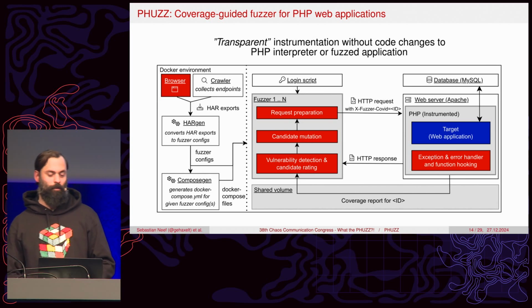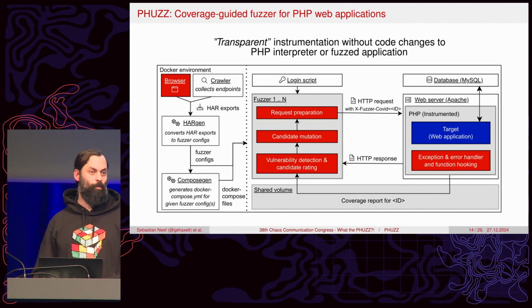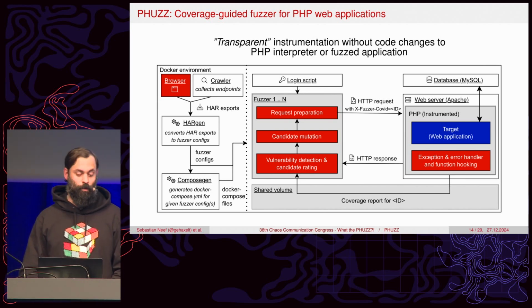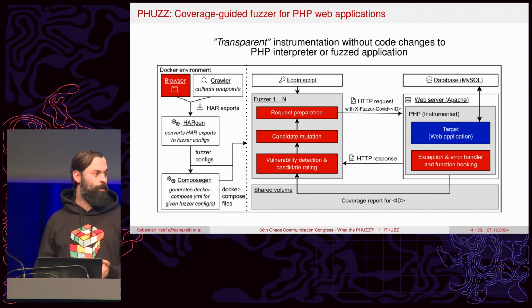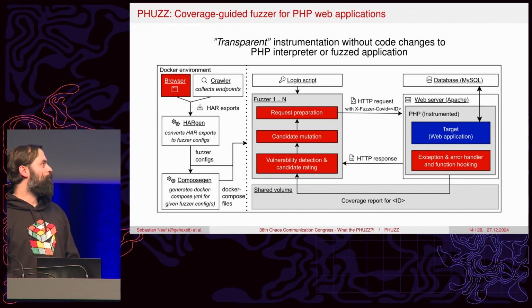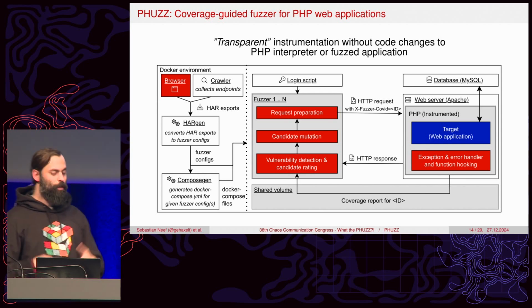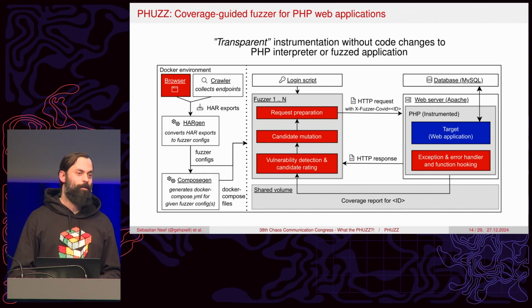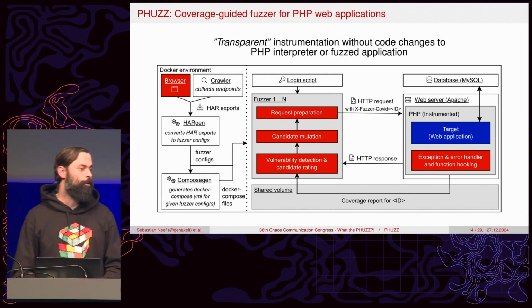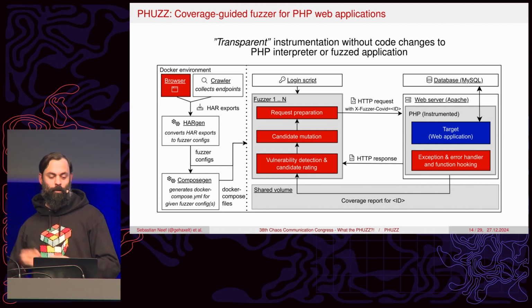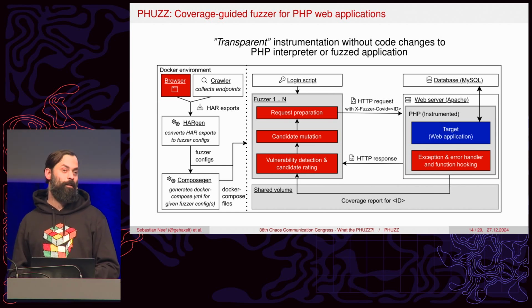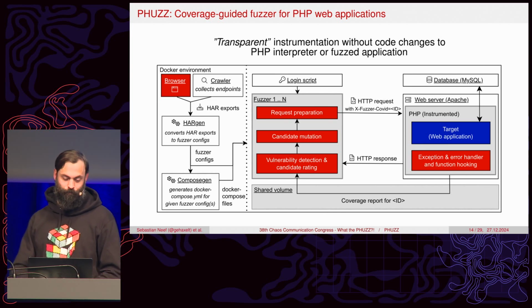On the right side of this figure, you can see the instrumentation, which we managed to implement in a transparent way. You have this container where the PHP interpreter is instrumented in one specific way, and you as a user can just place your web application inside that PHP container and then have it instrumented in a transparent way so that it doesn't really notice that it's being instrumented and being fuzzed.